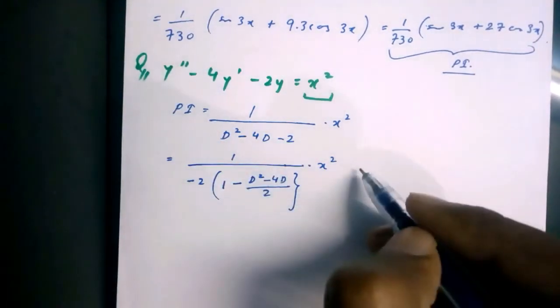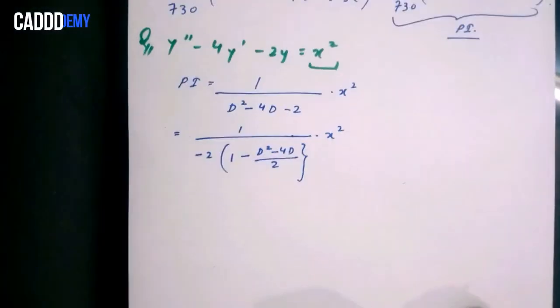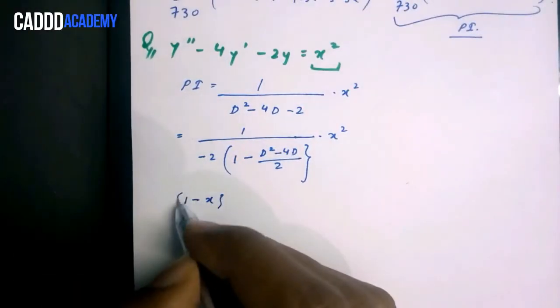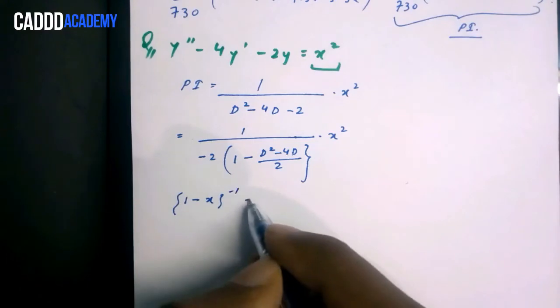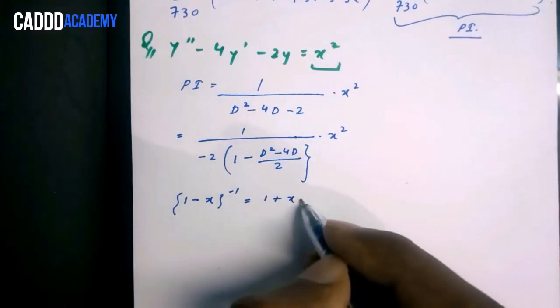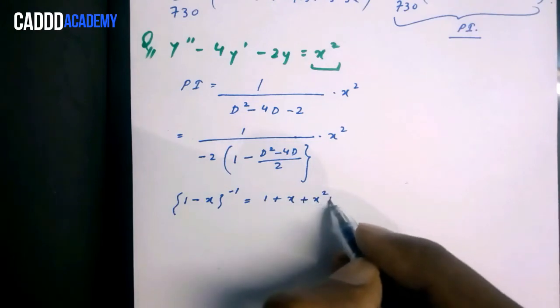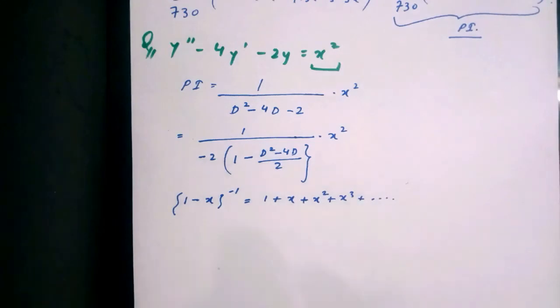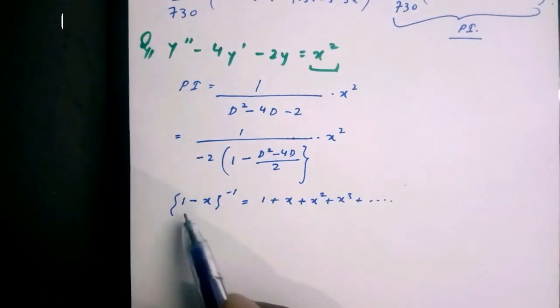So what we will do here is, we know that (1 minus x) inverse is equal to 1 plus x plus x square plus x cube plus so on. So this is the expansion of this thing.